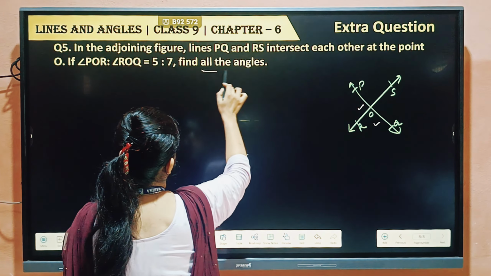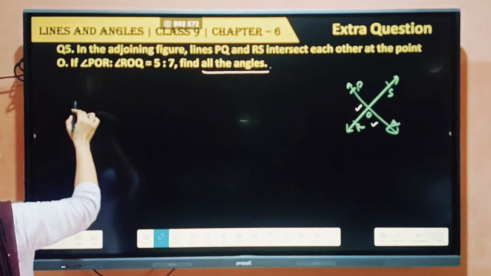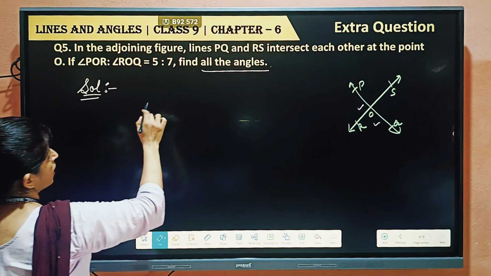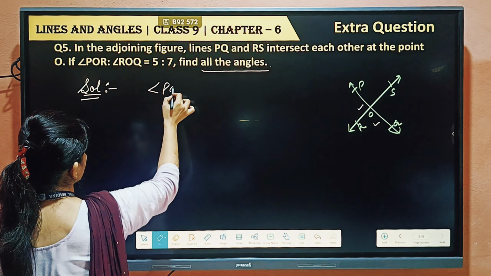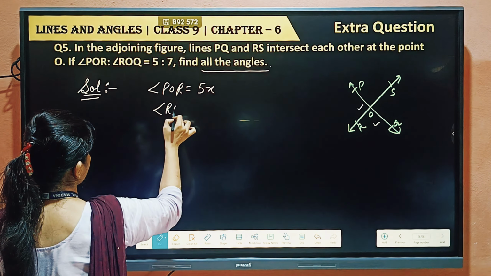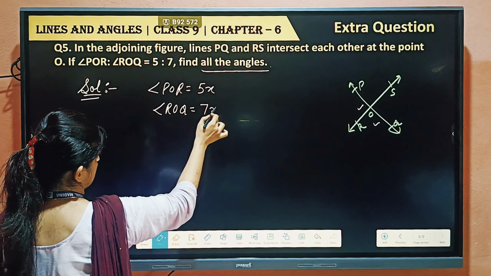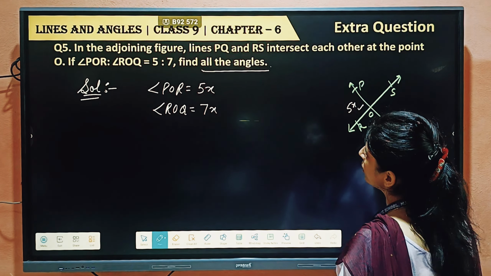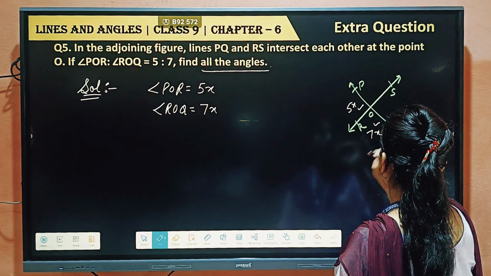We have to find all the angles. So now we will do the solution. Angle POR we will take 5x and angle ROQ we will take 7x.